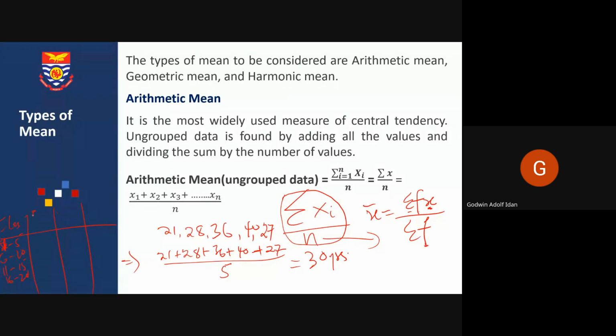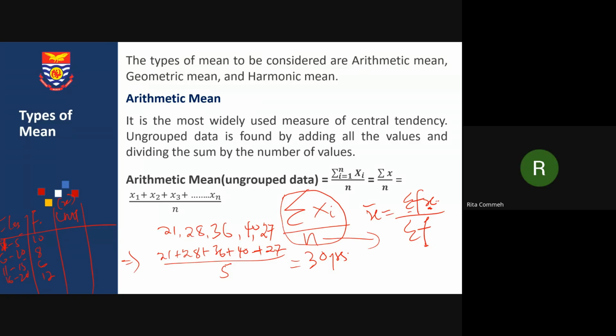Then the frequencies we have are 10, 8, 6, and 12. If you want to apply this formula, then it means that you have to get the class midpoint. And that class midpoint is what is going to represent the x in the formula. I hope you are following.